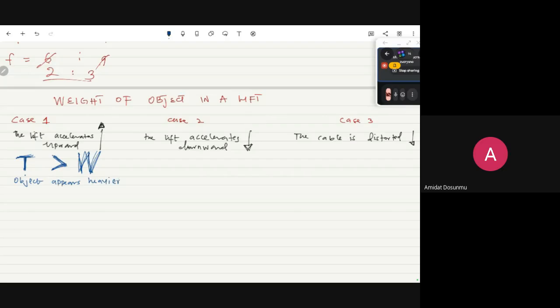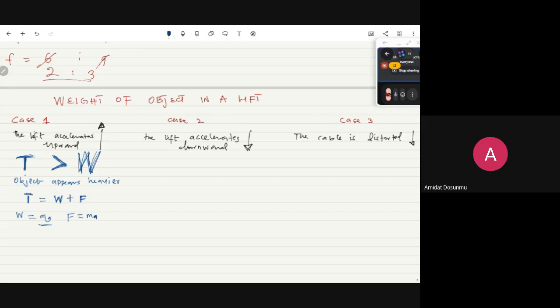And we can write this mathematically. The tension will be equal to the weight of the object plus the force. Weight is equal to mg, and force is equal to what? ma. Weight is mass times gravity.